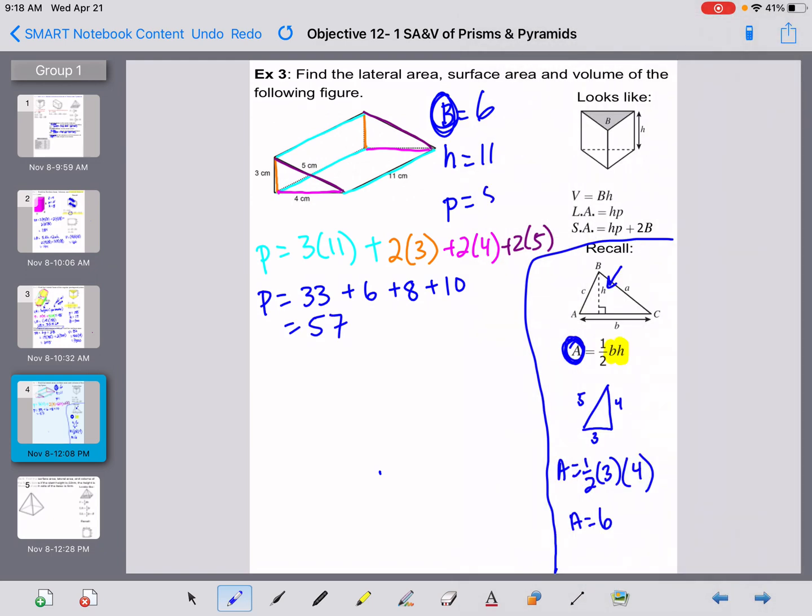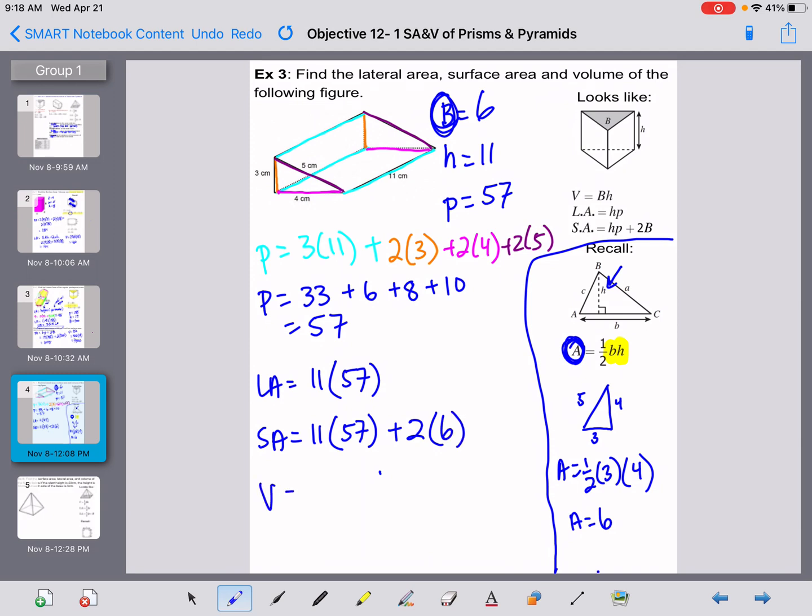Okay. So now I've got all of the pieces that I need to use these formulas. So lateral area is H, which is 11, times the perimeter, which is 57. Surface area is going to be 11 times perimeter, plus 2 of my bases, which are 6.